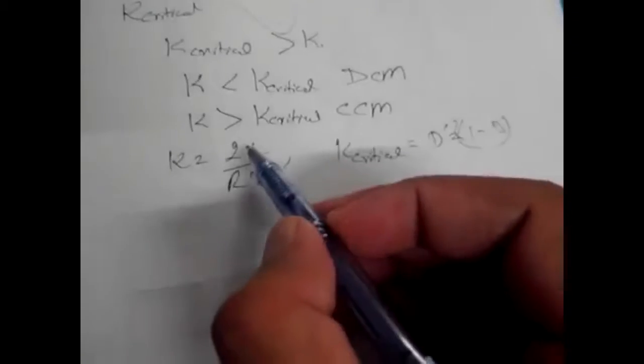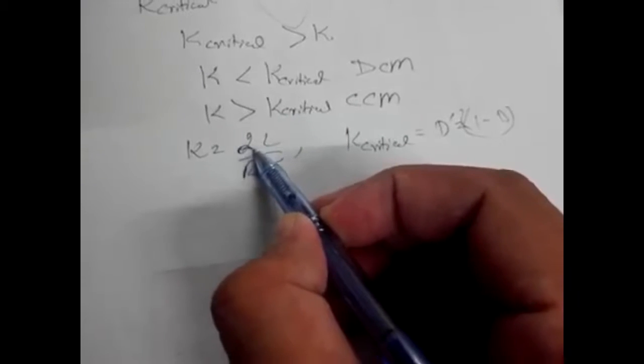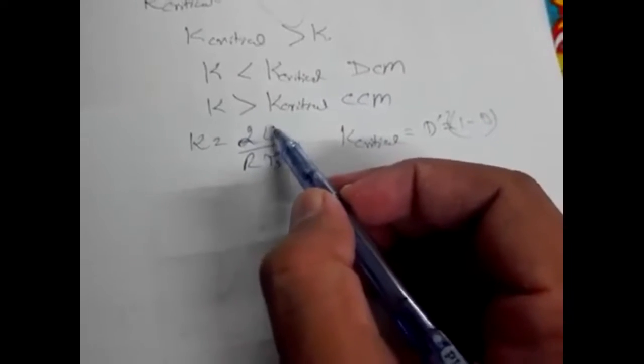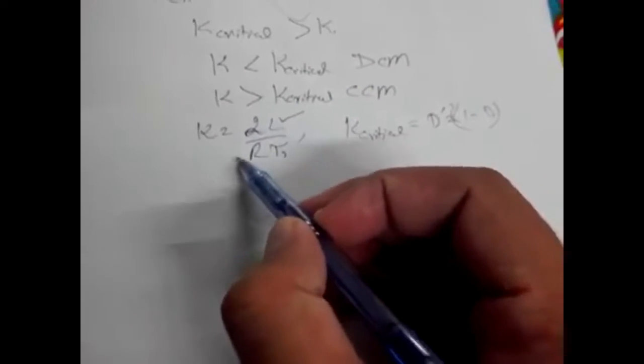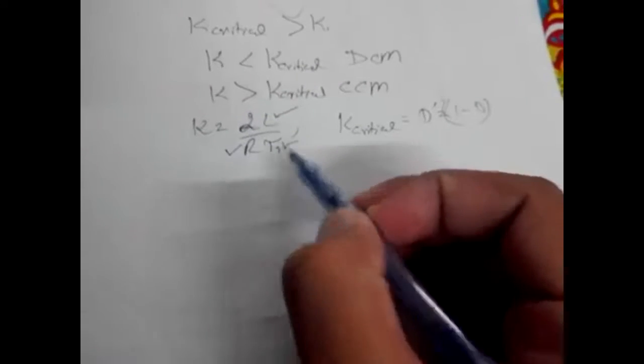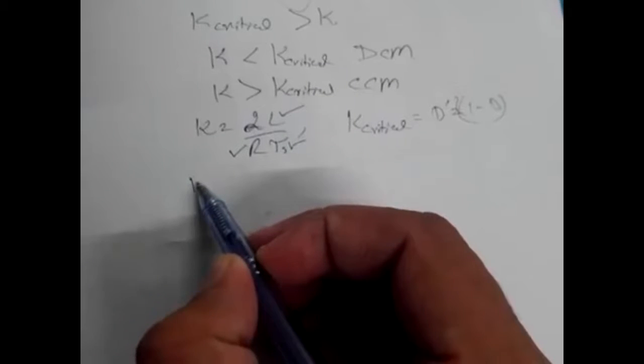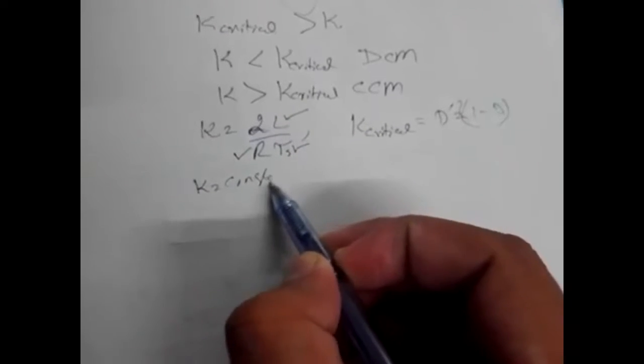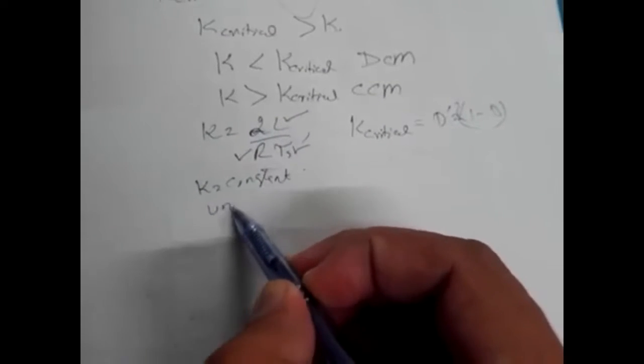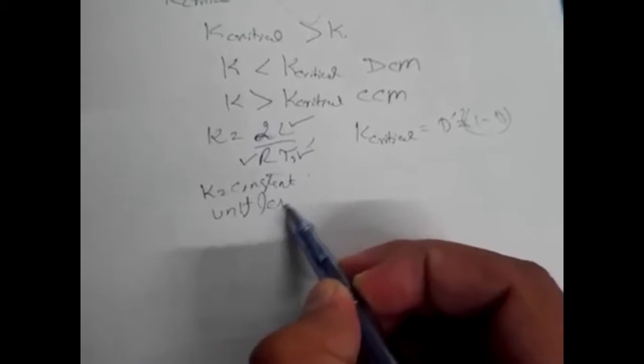So after building a circuit, you have a fixed value of L, a fixed value of R, and a fixed value of Ts. So this is constant, and it is also unitless. How unitless?